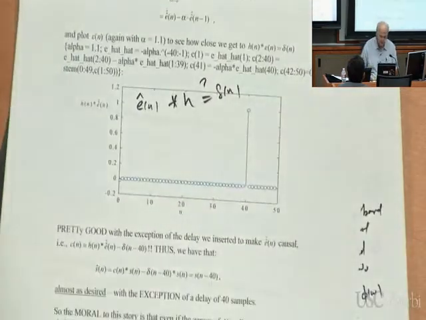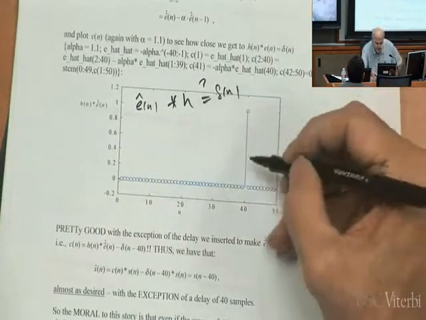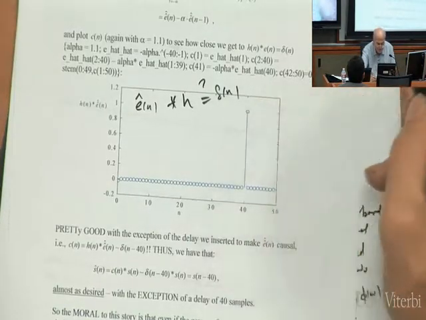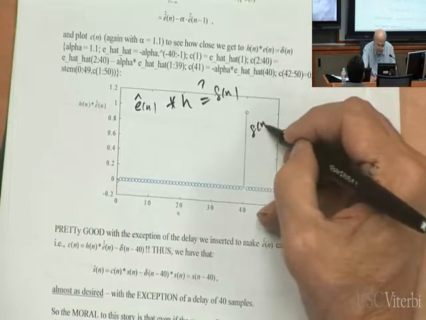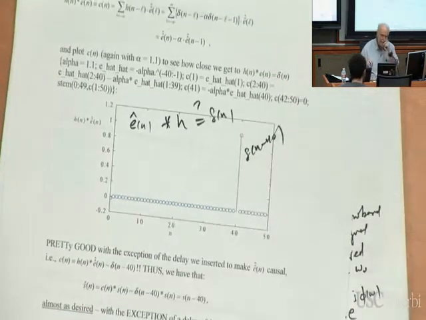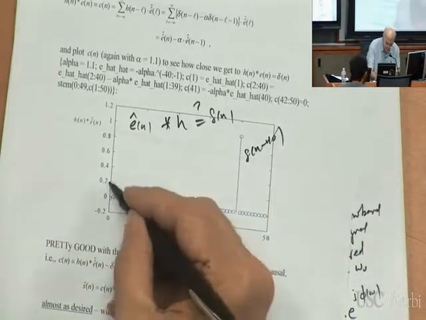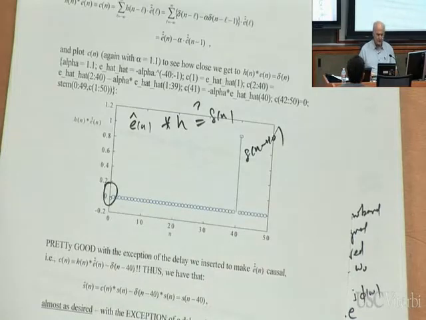Well, I don't see the delta function, but I see something like a delayed version of the delta function, which almost looks like the delta function. This is delta of n minus 40. So it has restored the signal with up to this one delay, not bad, and then there's a little bitty bump right here.